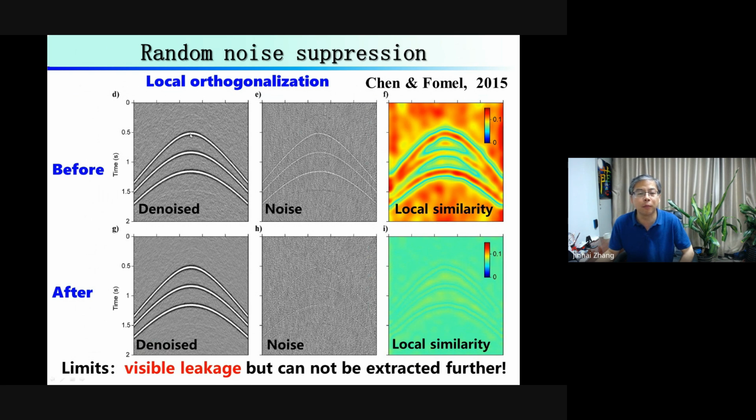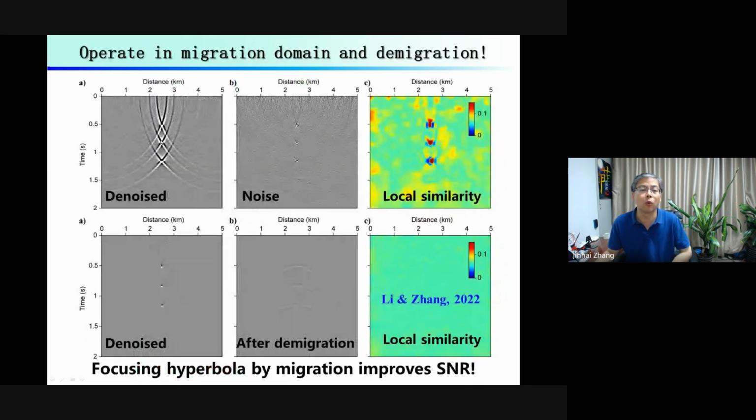If we perform a migration, we collapse all the hyperbolas into their original points. That means we obtain a very concentrated signal corresponding to the reflector. We can see many crosses. The center of each is a scattering point or object. This is another, and this is the third. We can see all the objects have been detected clearly after performing migration.